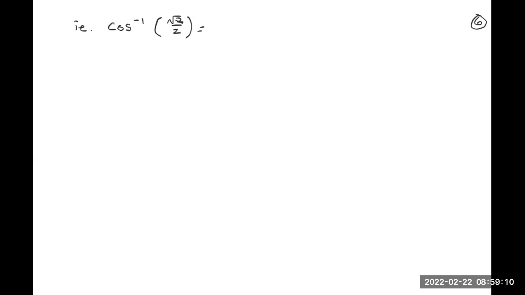So what we're asking is, where in quadrant 1, because positive, right?